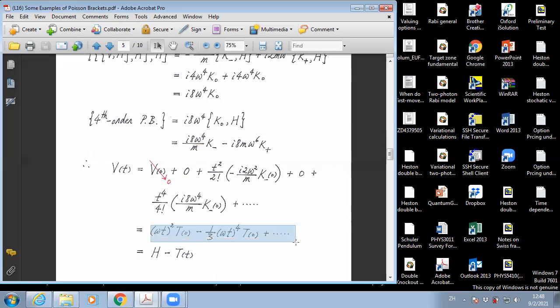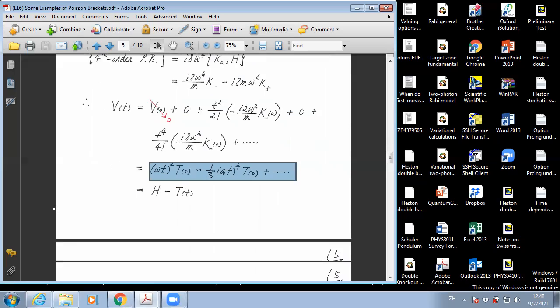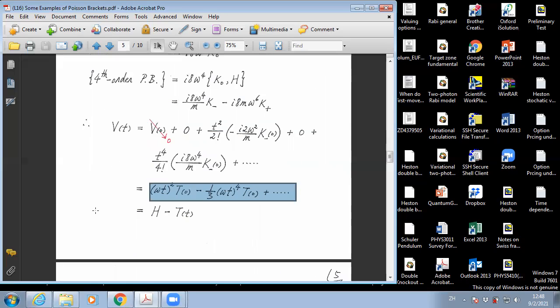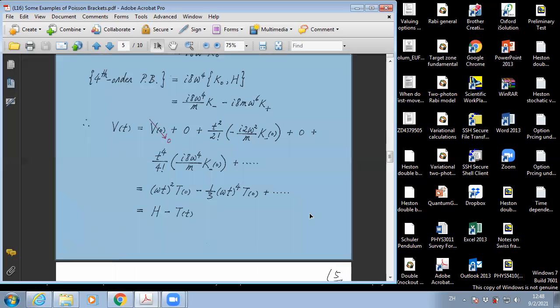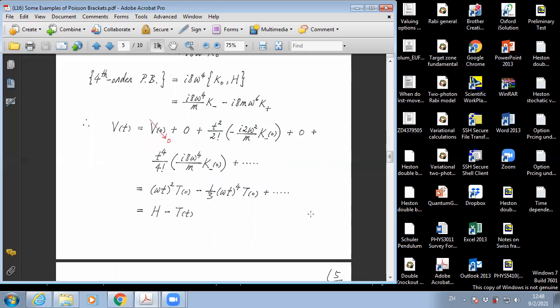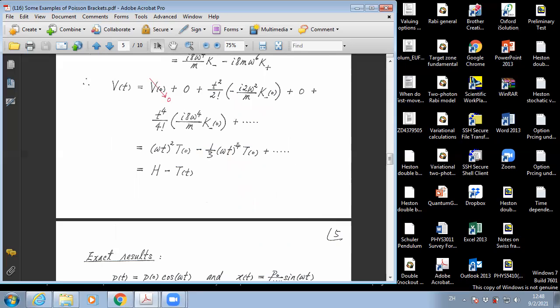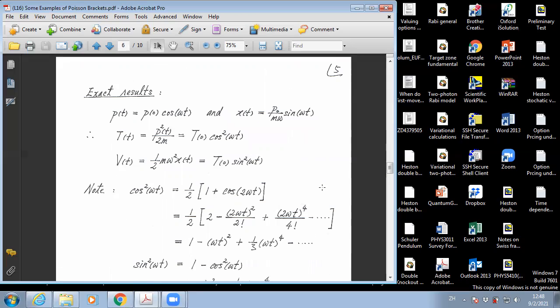It is related to the kinetic energy, all right, and so in this way, we find approximate solutions to kinetic energy at time t and potential energy at time t. What we need to do is keep evaluating higher and higher Poisson brackets, all right?